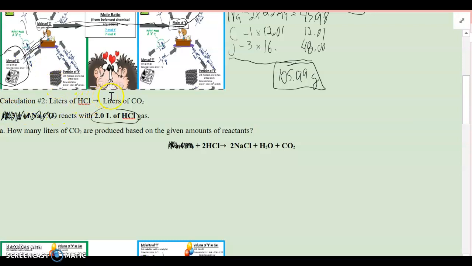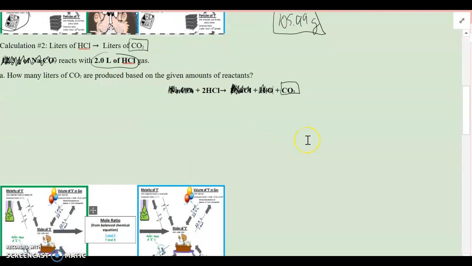And then what am I looking for? Oh, I want to get to liters. How many liters will this give me? So I'm going to be working with my endpoint, which is here. And I'm going to get rid of everything else just for my own sanity. Don't need this. Don't need this. Again, this is going to take quite a bit of time and consume quite a bit of space.